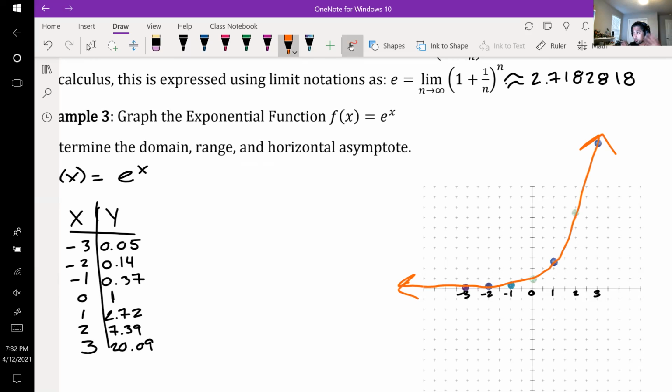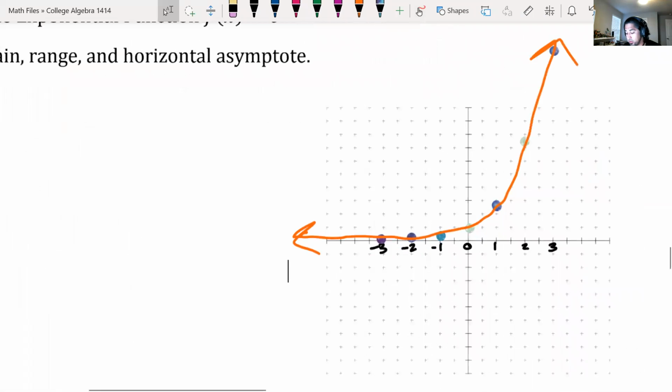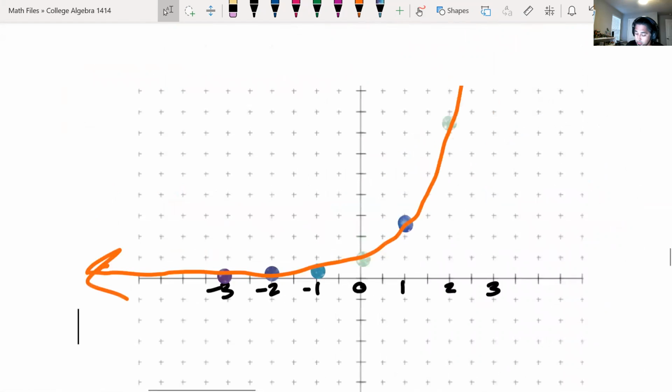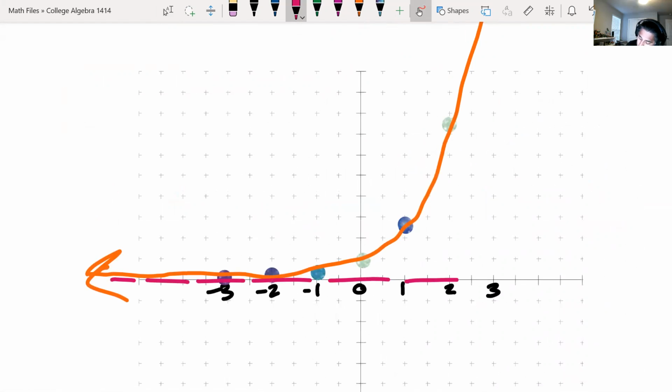Just like the original function we graphed today, 2 to the x, we see that as x gets smaller and smaller towards negative infinity, y keeps getting closer and closer to 0. But once again, we will never touch. So here again, we have the horizontal asymptote at y equals 0.